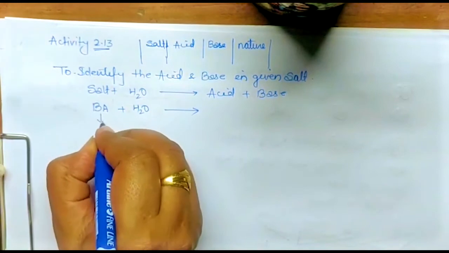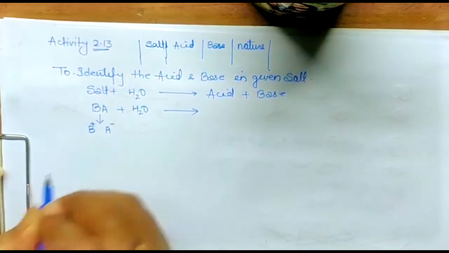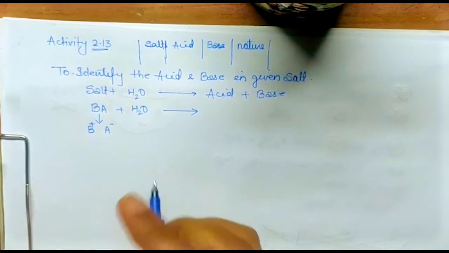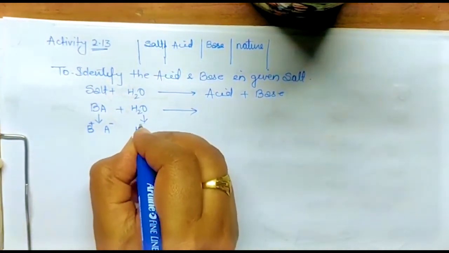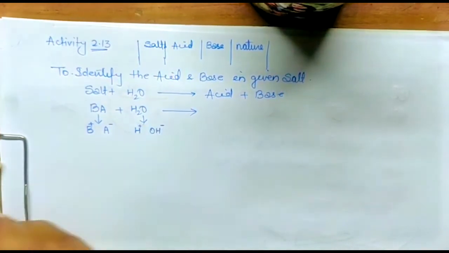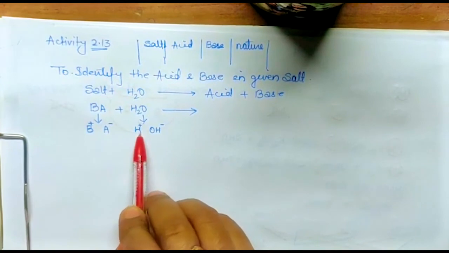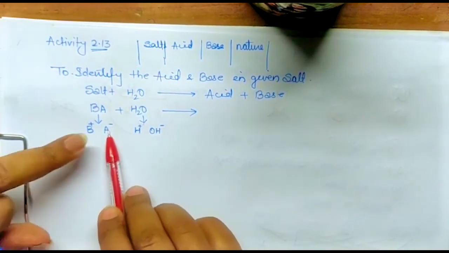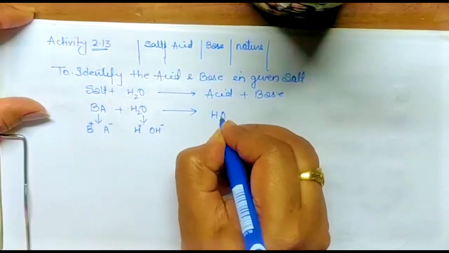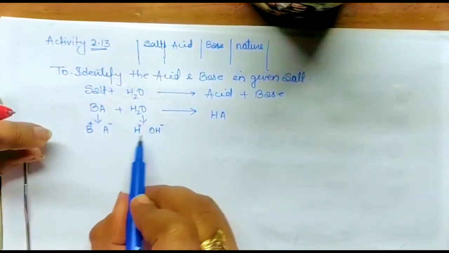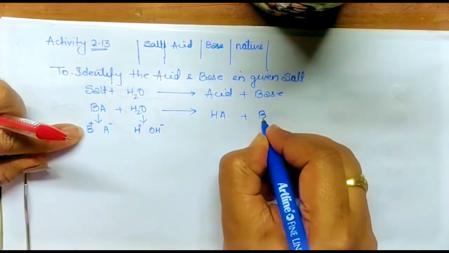If it undergoes dissociation, it will give you B plus and A minus, isn't it? Are you getting it? And water will give you H plus and OH minus, isn't it? So the H plus is part of the acid, so what we will write? HA, isn't it? And the OH minus is part of the base B, so with B, that means BOH.